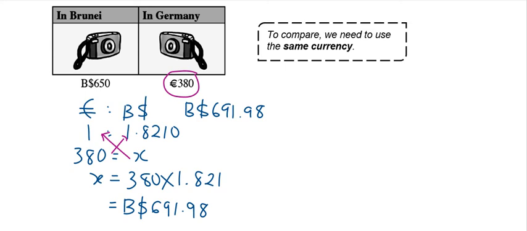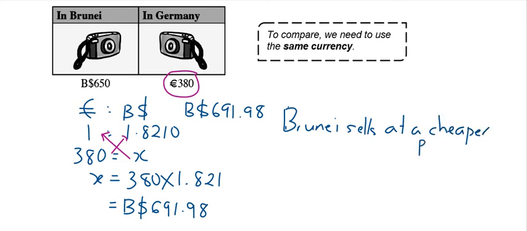So you have to answer this. So Brunei sells the digital camera at a cheaper price, right? Brunei sells at a cheaper price, and it is by how much?